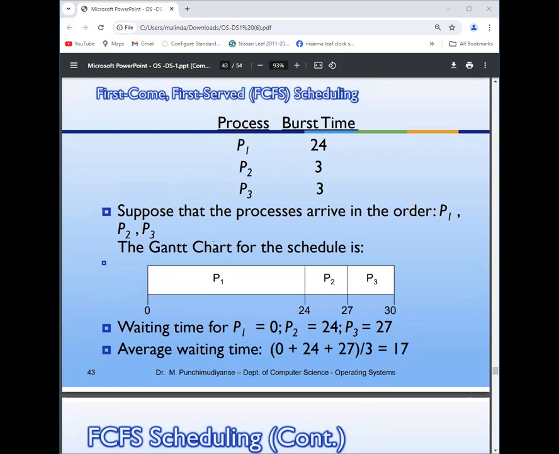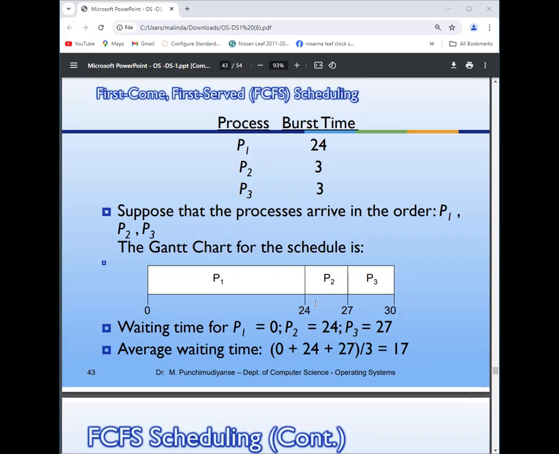So the Gantt chart, we draw it the way that it has been drawn, right? First, P1 is drawn. At time 0, P1 comes and it needs 24 milliseconds. And P2 needs 3 milliseconds.